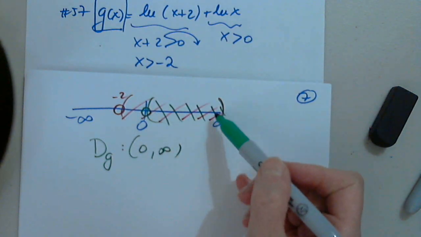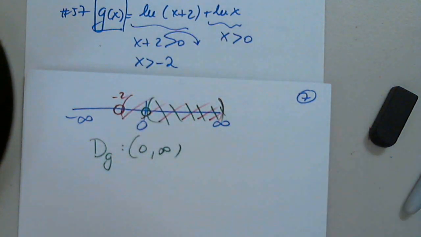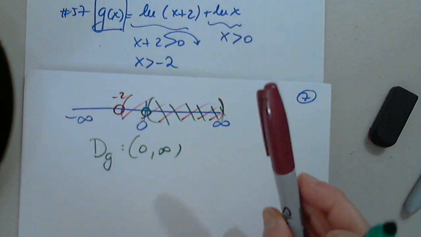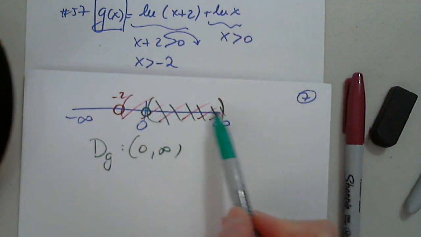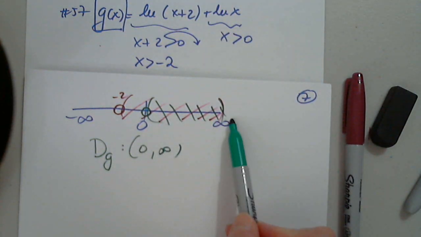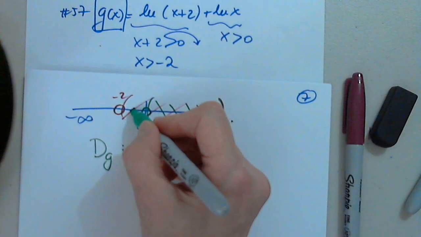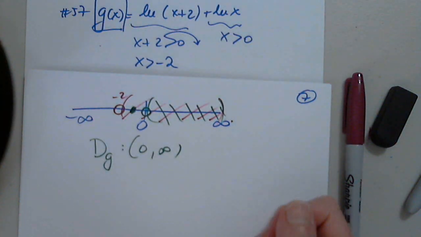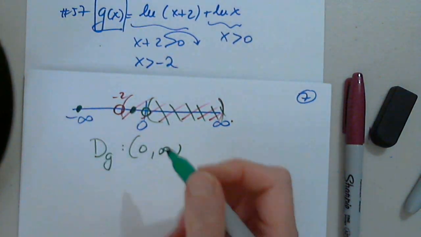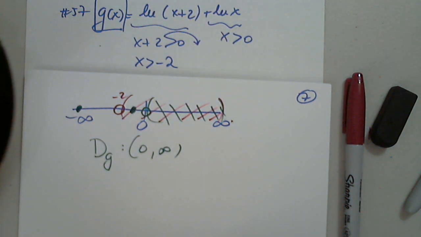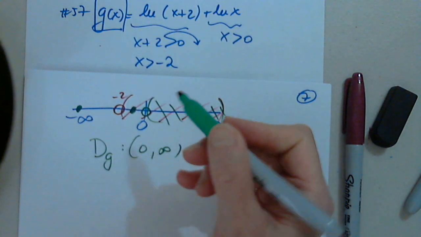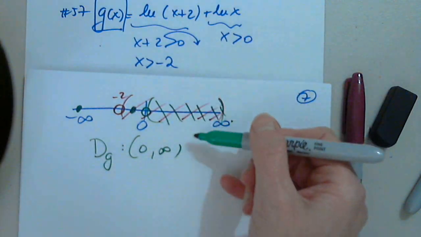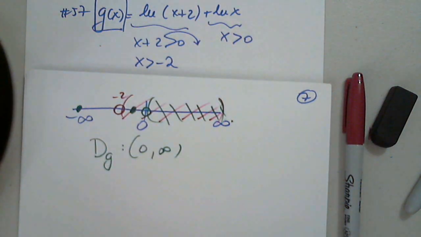The green and the burgundy together. If I choose a point here, the first function exists, but not the second one. If I choose a point here, none of them exists. So I have to choose exactly where I see the burgundy and the green together. So that's the domain of G. Awesome. Thank you.